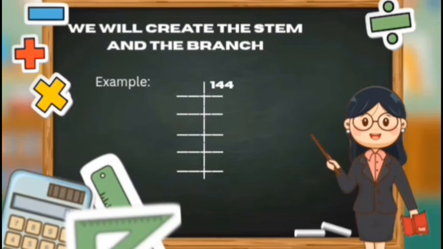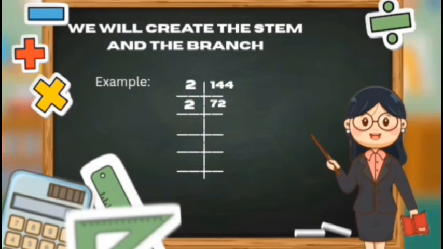We can divide 144 by 2. So, 144 divided by 2 is equal to 72. So, we will put 72 underneath the 144 and we can divide 72. We can divide the 72 by 2 again. So, we will put it on the left side again. Then, we're just going to repeat the process.